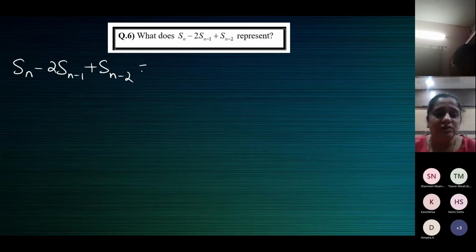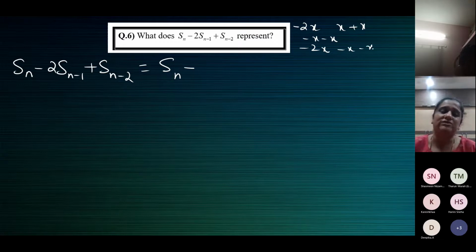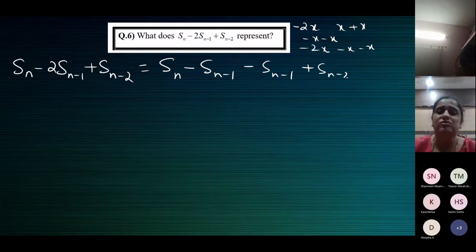Now, first, let's start off like this. This is equal to Sn minus, let's write like you write 2x as x plus x, or minus 2x will be minus x minus x. Similarly, minus 2 Sn minus 1 can be written as minus Sn minus 1 minus Sn minus 1. And then that plus Sn minus 2.